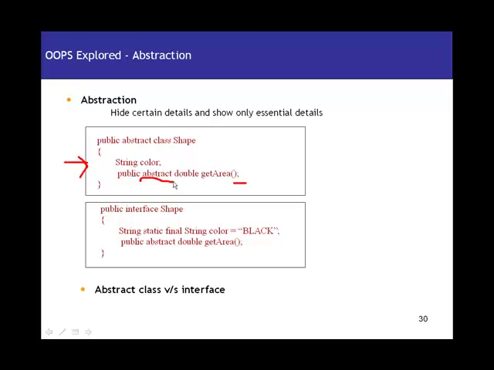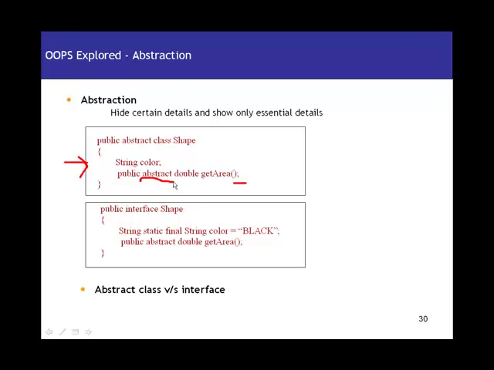So because I have that abstract modifier for my method, I can skip giving an implementation to my method and can simply give a semicolon at the end without giving any implementation, right? Now we'll discuss why I have given the abstract modifier to the method getArea in a moment.